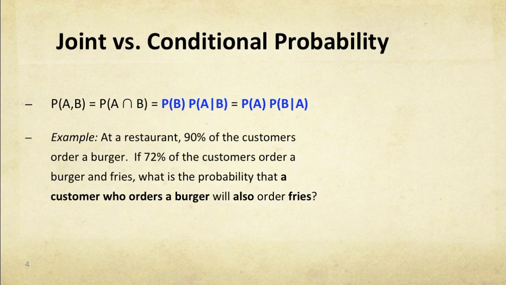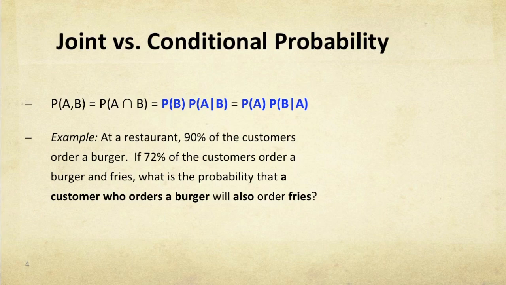Here the notation of P(A given B) is a conditional probability of A given B, or how likely A will occur if we know B has already occurred. Likewise, the joint probability can also be computed by P(A) times P(B given A).